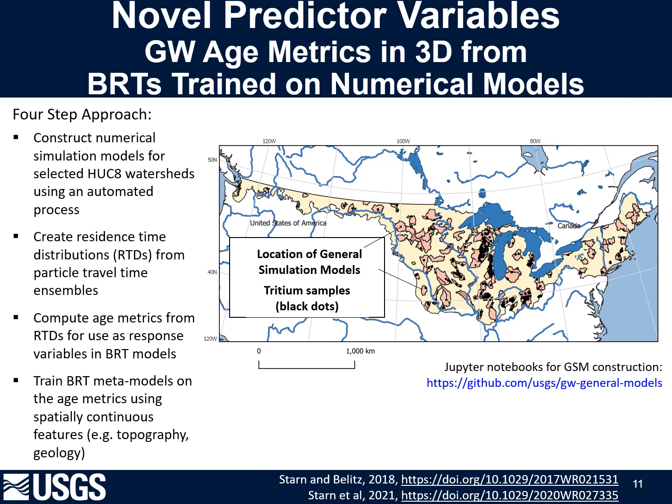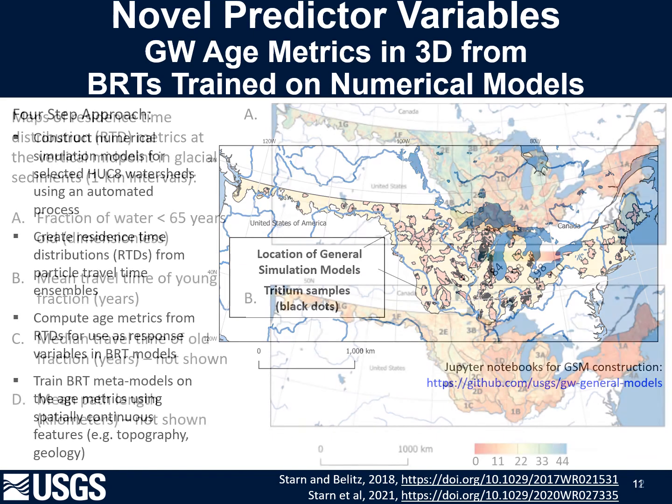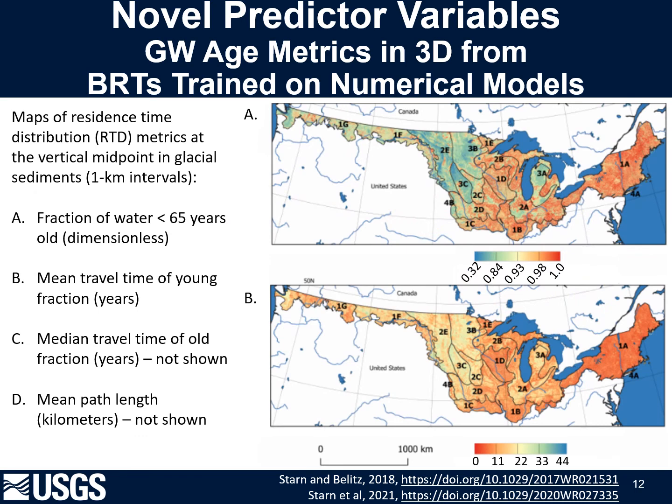The boosted regression tree models were trained on these age metrics using spatially continuous data, same thing as what was done before. There was a little bit of calibration of the numerical models, and in fact, tritium concentrations were simulated where we had tritium data, and Jeff tried to match that, and there were also some other calibration parameters.